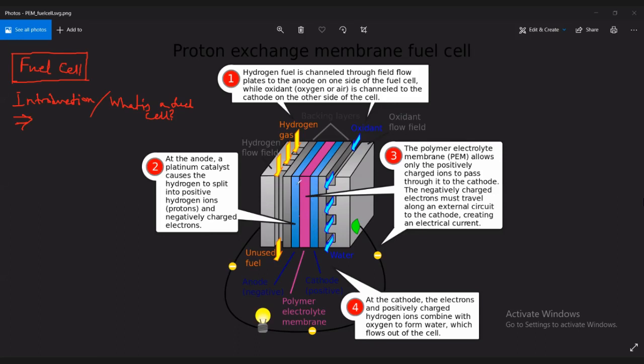So there is another layer which is known as cathode, that collects the electron. And the cathode is placed in between the proton exchange membrane and the oxidant chamber layer, which is situated on the right hand side. The oxidant chamber and the proton exchange membrane, in between the two the cathode takes place, and it is indicated with a blue color.